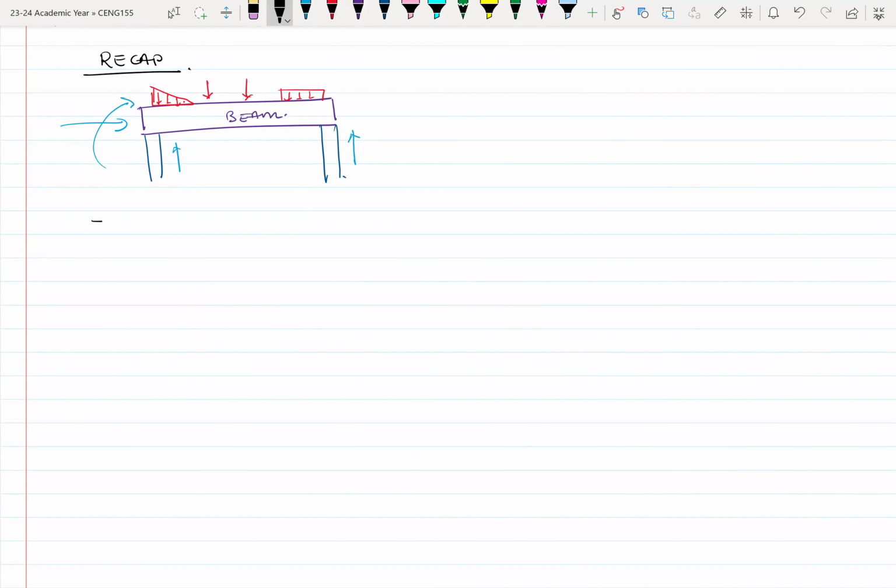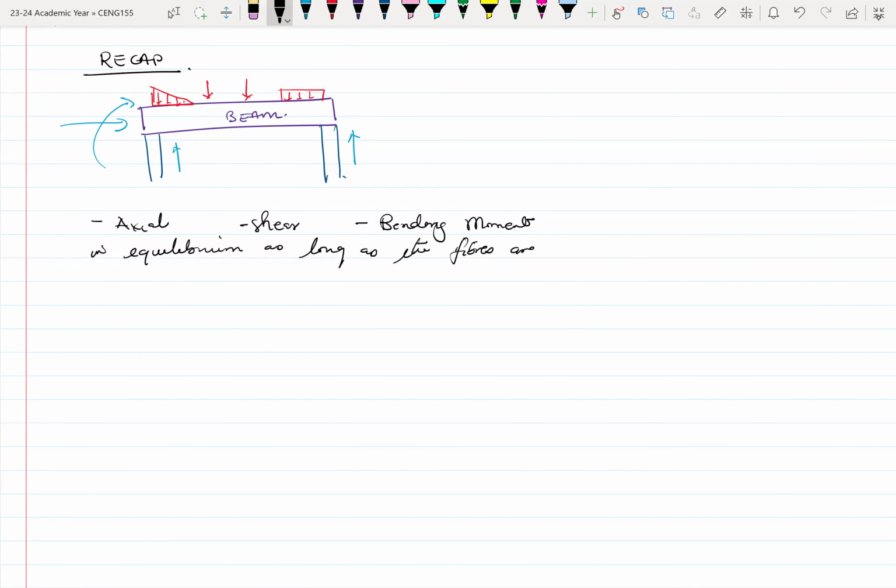So these internal forces, axial, shear, and bending moment. Okay. These are in equilibrium as long as, let's say, the fibers are intact.